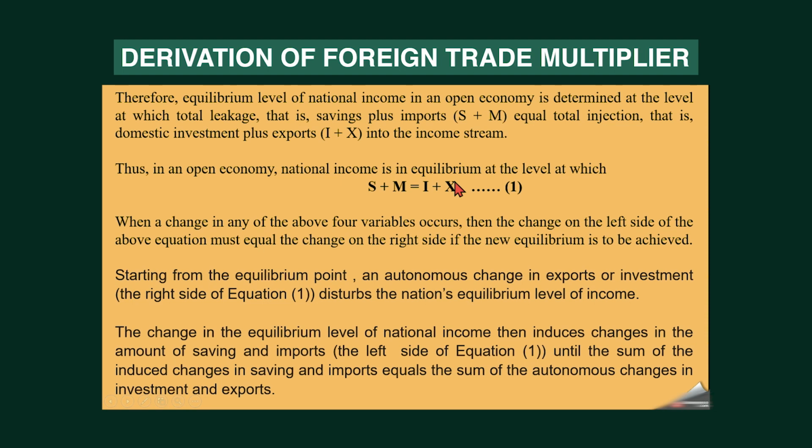This immediately disturbs the equilibrium in the national income. The change in the national income will then create an induced change in the savings and import of the economy, that is the left side of the equation. And this will continue till a new equilibrium or a balance is achieved in the economy.